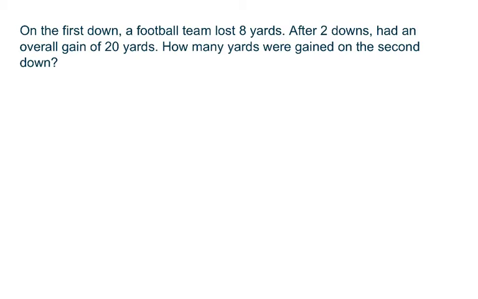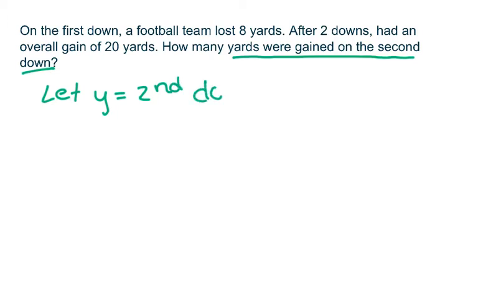Well, it's almost usually in the last sentence. So how many yards were gained on the second down? So that's my question. So I need to write a let statement for that. So let Y for yards equal second down. Okay, this doesn't have to be a perfect sentence, but it should be able to be understood based off of the question that's being asked.